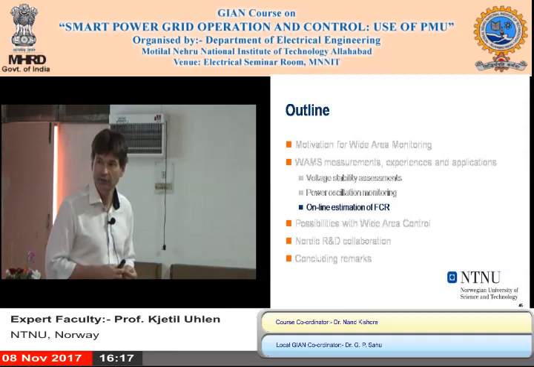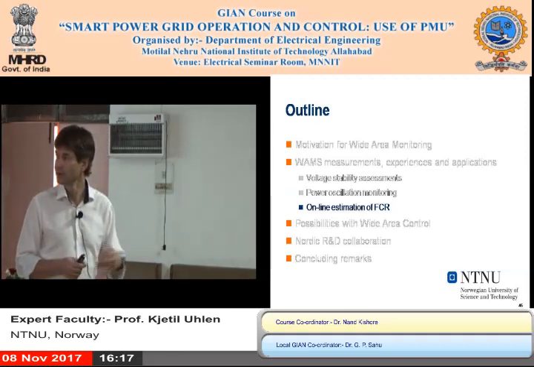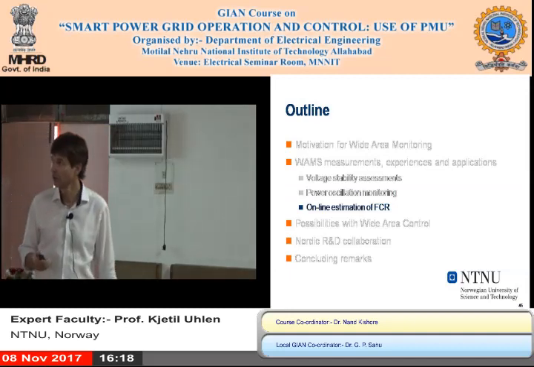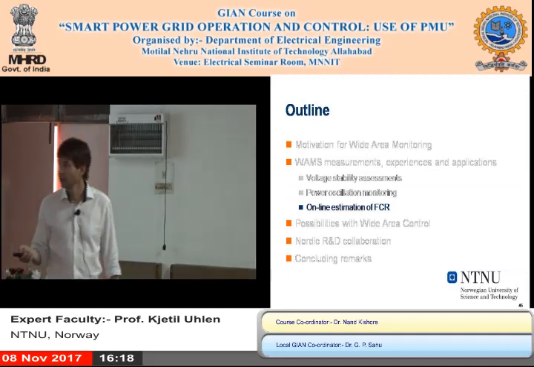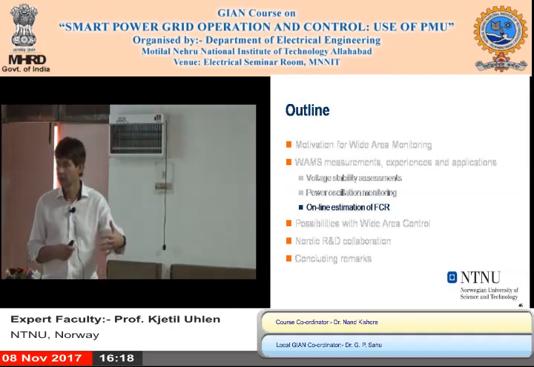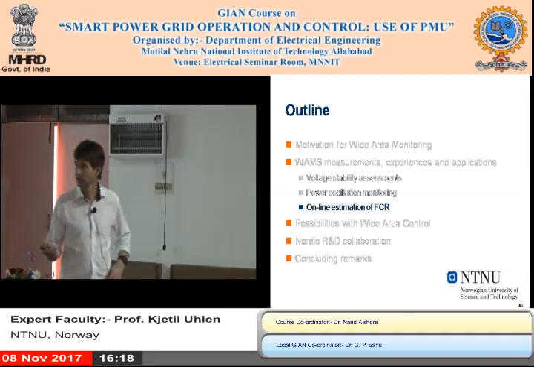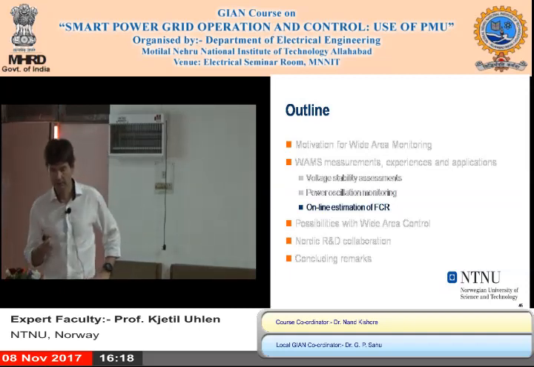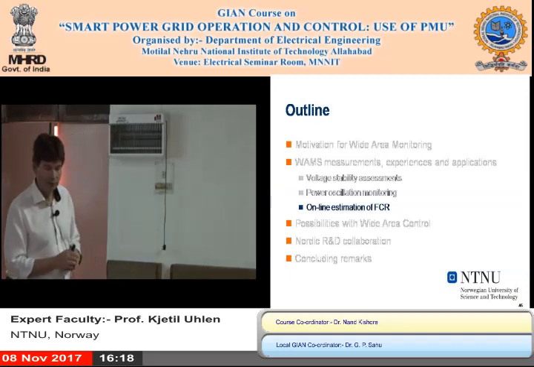For the operators, they want to know exactly how the performance of the generator is. So one of the applications we have been working on, in an online setting, is to estimate certain properties. One example here is the estimation of what we refer to as frequency containment reserves.